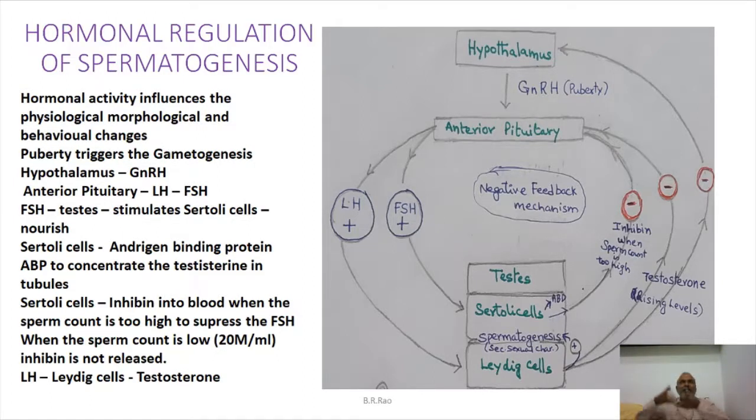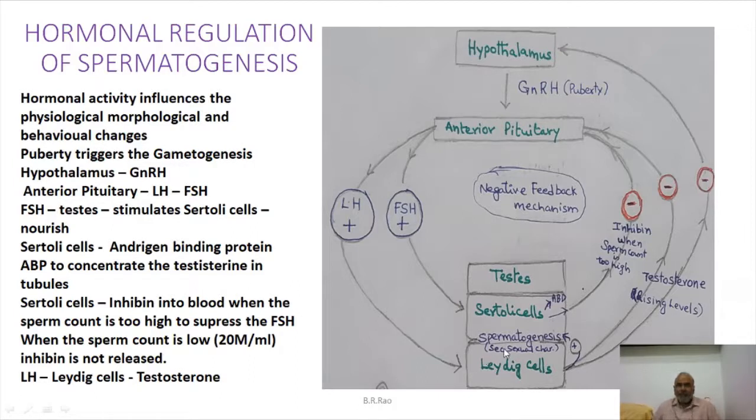Once inhibin is liberated, automatically the hormone level goes down. Negatively it is affecting. That's why it is called negative feedback. So what we have seen is the effect of FSH on Sertoli cells, ABP, and also inhibin. Inhibin will inhibit the anterior pituitary from secreting FSH, or FSH activity will be inhibited.